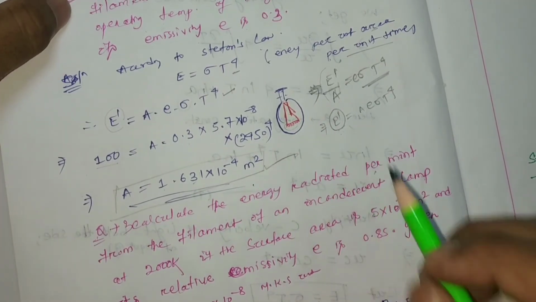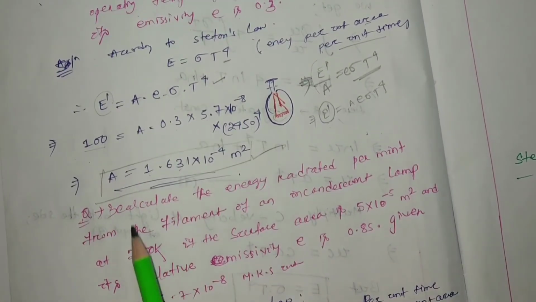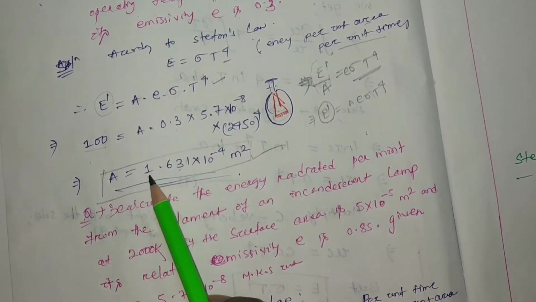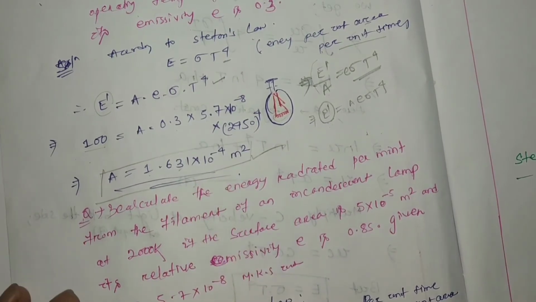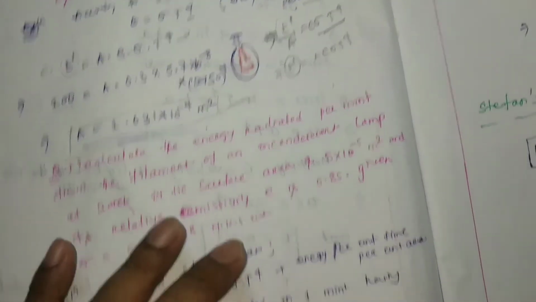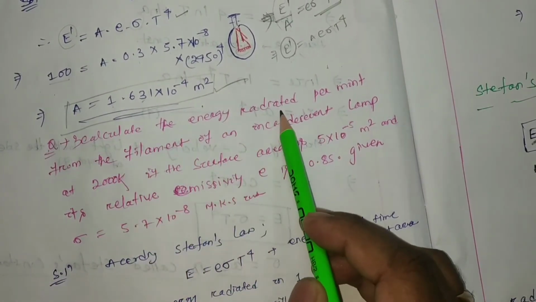So after solving, you can get the area approximately 1.63 into 10 to the minus 4 meter square. Now come to the third question. The third question is to calculate the energy radiated per minute.